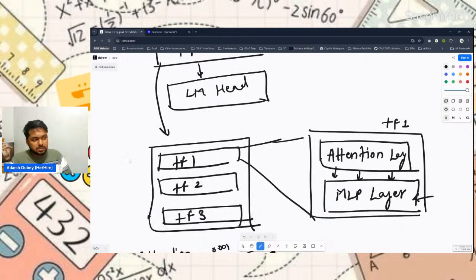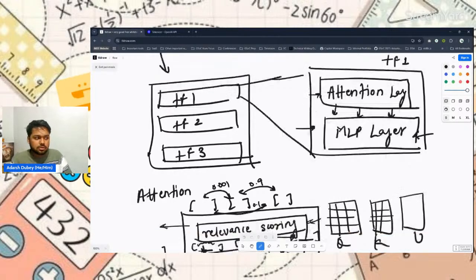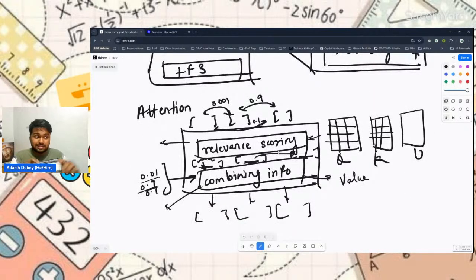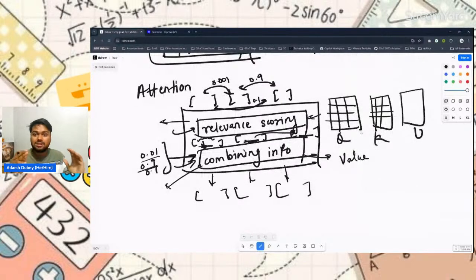It has multiple transformer blocks. Each transformer block has an attention layer and an MLP layer, and the attention part does two things. These are not layers, by the way, let me be clear. This is a layer while coding; these are just what the two things do. They do relevance scoring of how relevant one embedding is to another embedding, and then basically combine all the info.